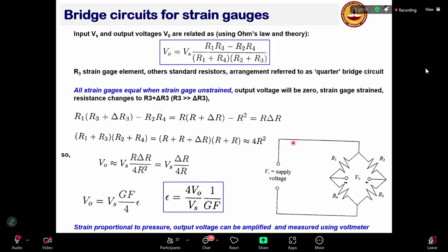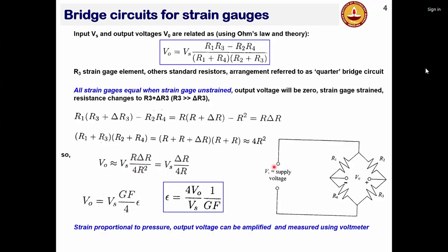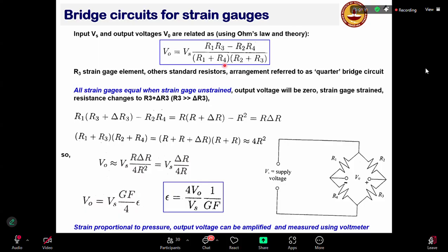So if you analyze using Kirchhoff's law, you can relate the output voltage to the input or supply voltage. Typically for a Wheatstone bridge circuit, the output voltage is the input voltage times a function of resistances: R1 R3 minus R2 R4 divided by R1 plus R4 into R2 plus R3.